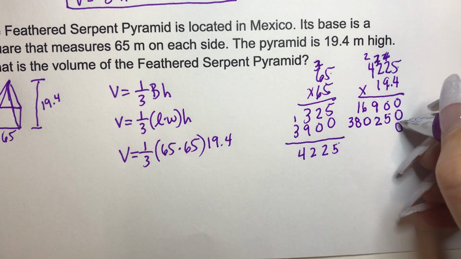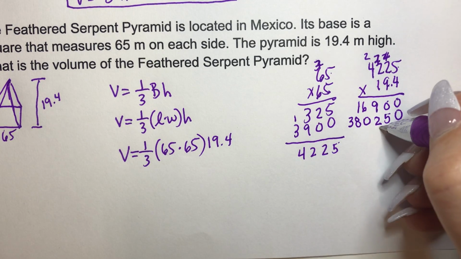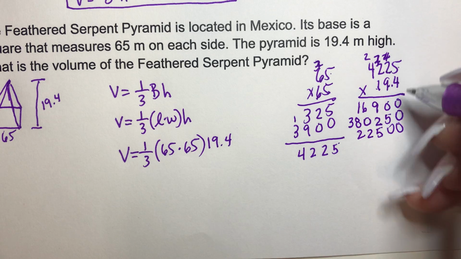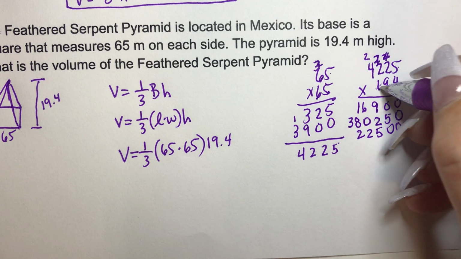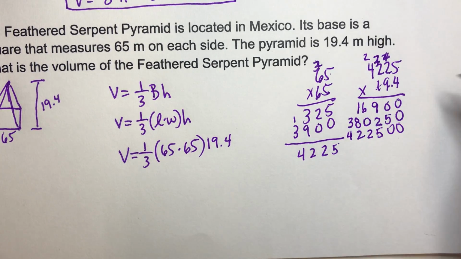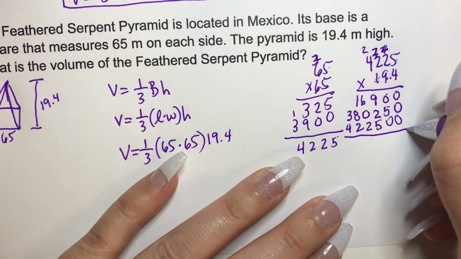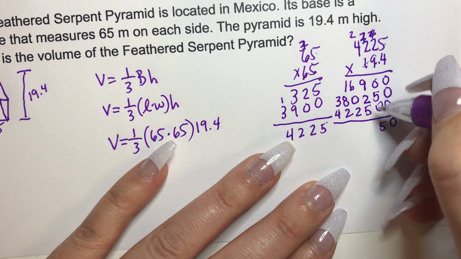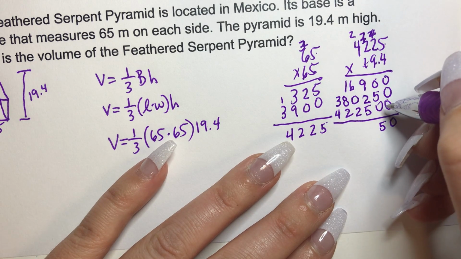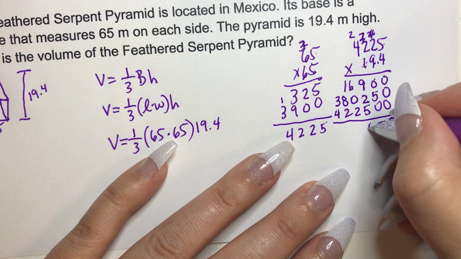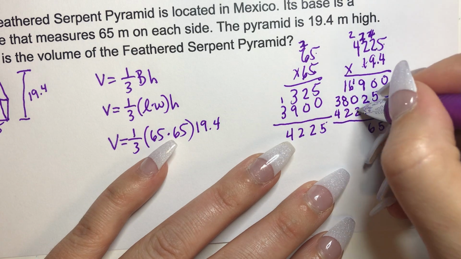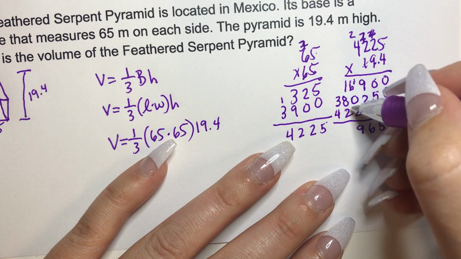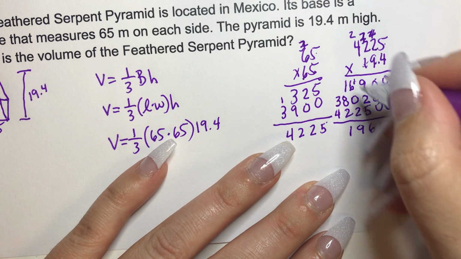And then we're in the hundreds place. And then we got 1 times, wait, that's 5, 2, 2. 1 times 5 is 5, 1 times 2 is 2, 1 times 2 is 2, 1 times 4 is 4. And we just need to add up all these numbers. So 0, that's 5. We got 7 plus 9, which would be 16. Write the 6, carry the 1. 2 plus 6 is 8, plus 1 is 9. 2 plus 8 is 10, plus 1 is 11.